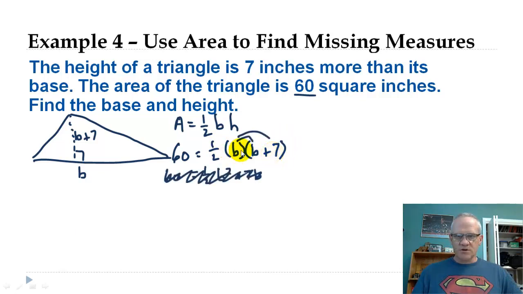Before I multiply this, since this is 1/2 times B plus 7, I'll show you why: to get rid of this fraction here, I'm going to multiply both sides by 2/1. That way this 2 will cancel that 2 out. And over here, 2 times 60 is 120.